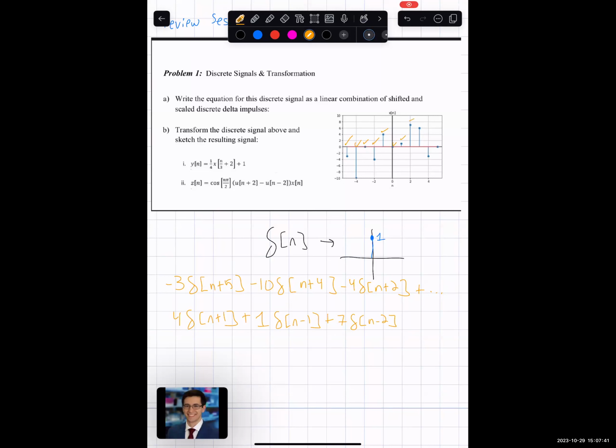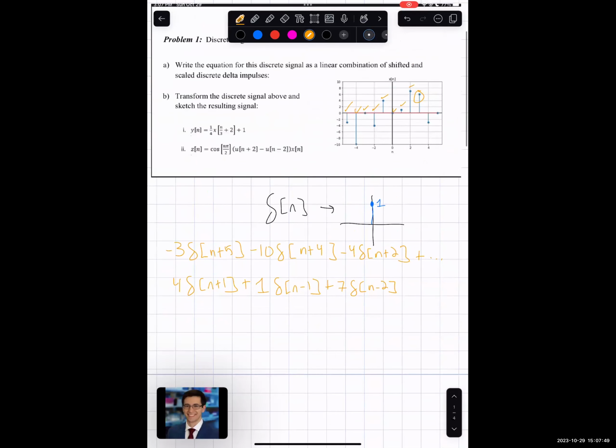What are these last 2 going to be, guys? Start with this one. What's the one at n equals 3 going to be? Anybody know? Plus 6 delta n minus 3. Yeah, beautiful.